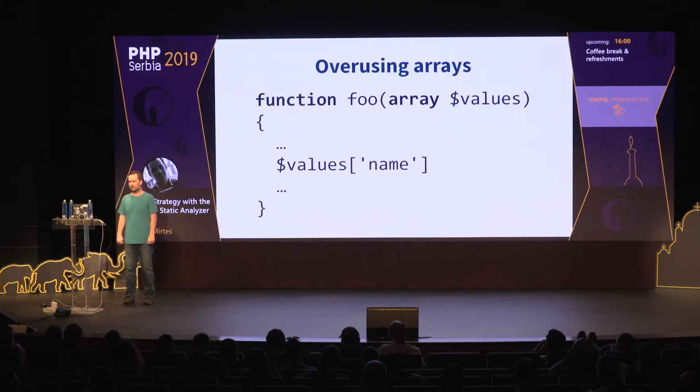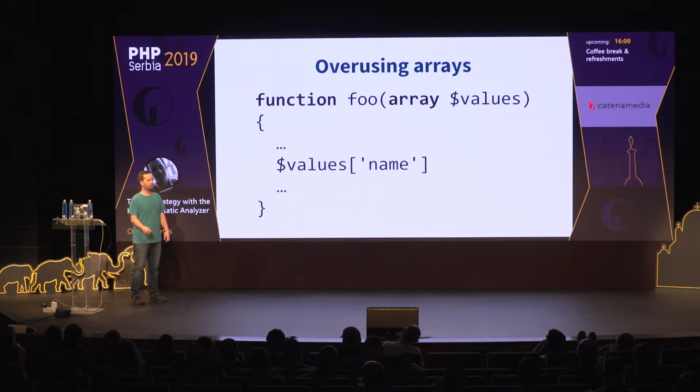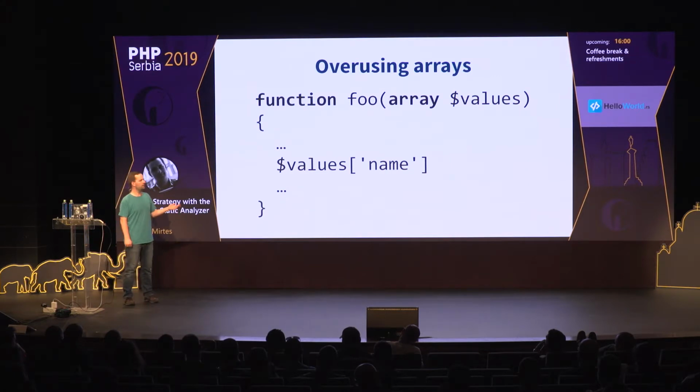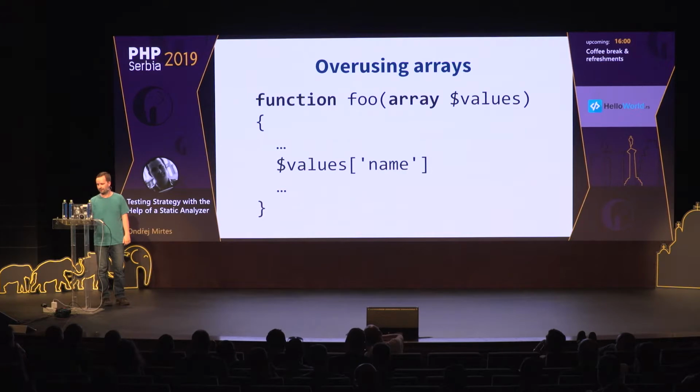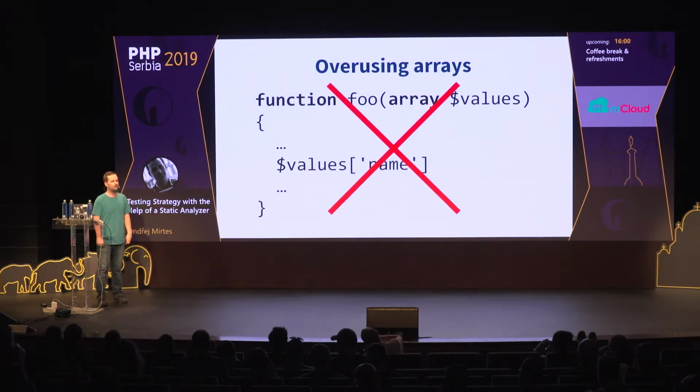If you pass some kind of array inside the function, some expected key might be missing. The user might forget to add a name key. And in this case, we also don't know the types of values. The array could contain the key name, but it might be of a different type. It might be an integer or something. So I recommend you avoid overusing arrays for this kind of scenario and use proper objects.